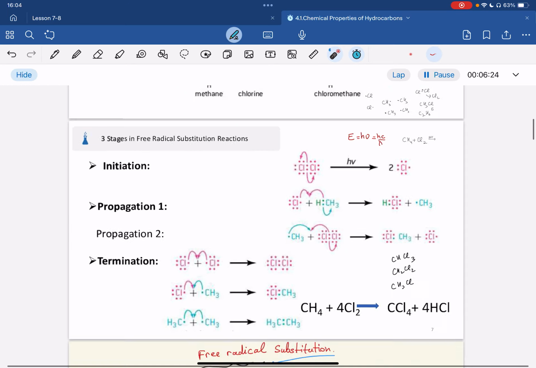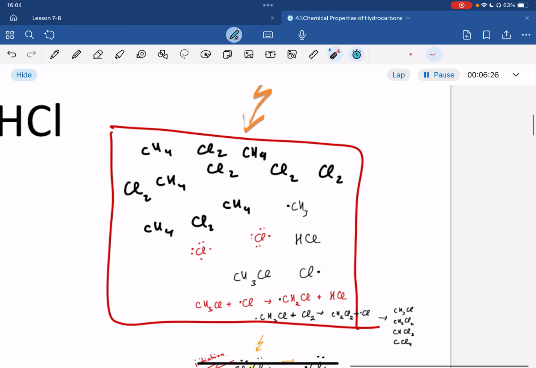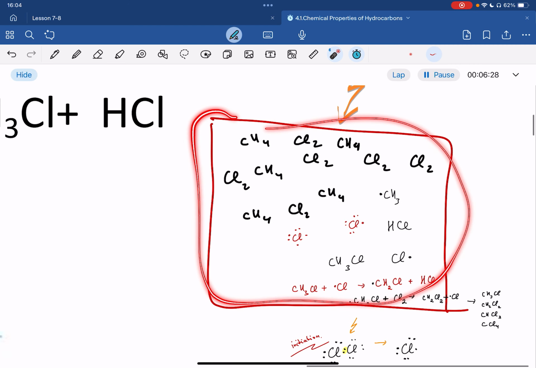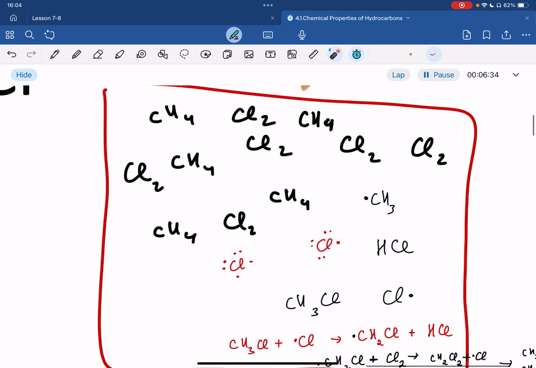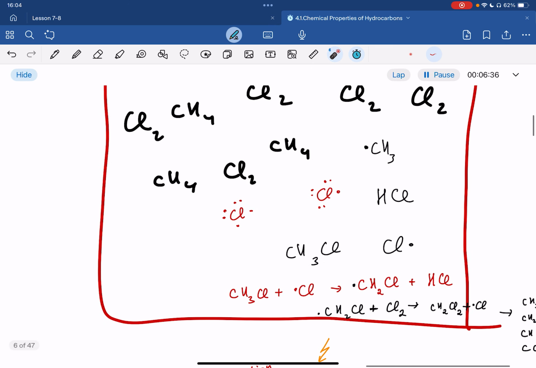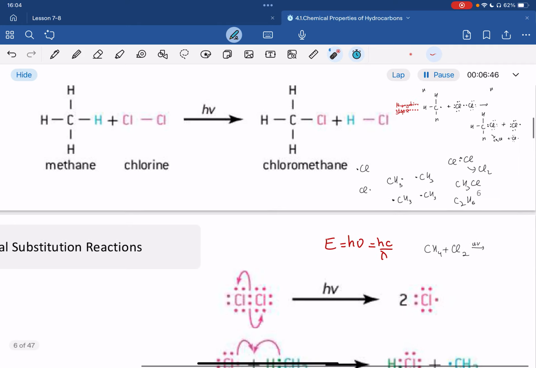This process is happening constantly. Imagine this is a reaction chamber. This one is breaking, this one is attacking CH4s, and we are getting CH3Cls, and again these CH3 radicals are attacking Cl2. So this is a chain reaction, the chain occurring step by step.